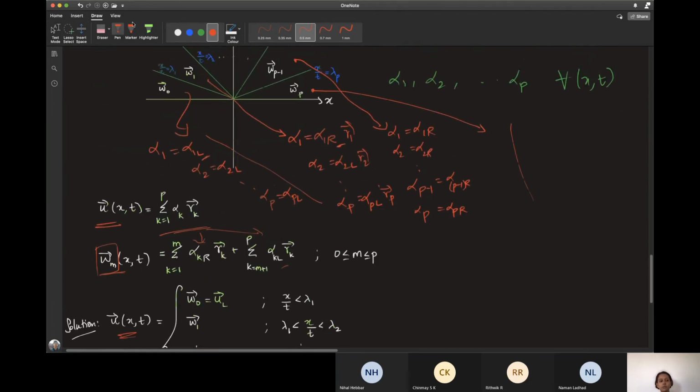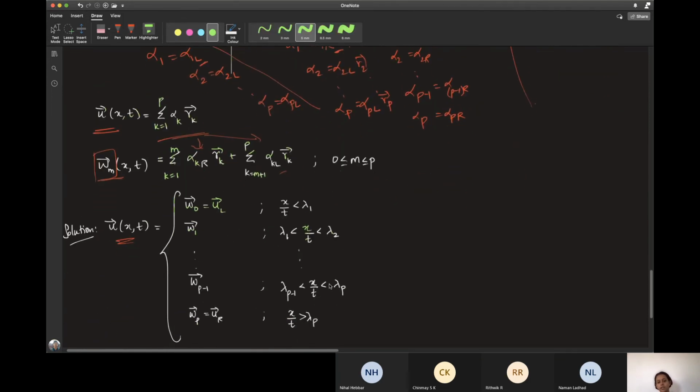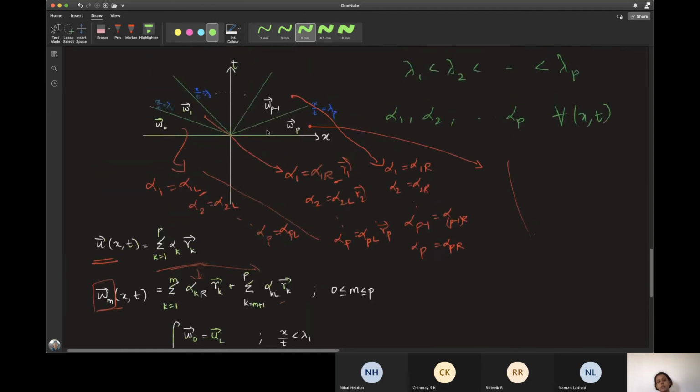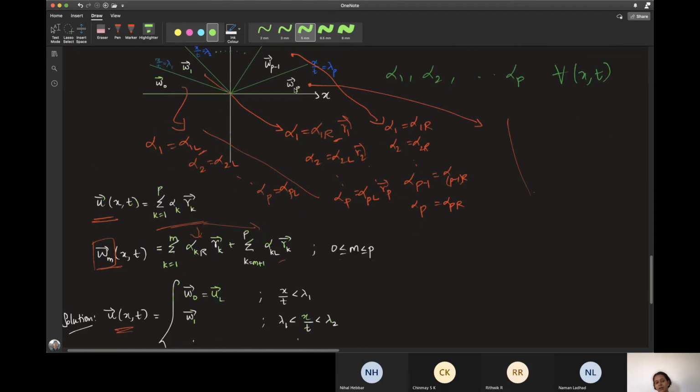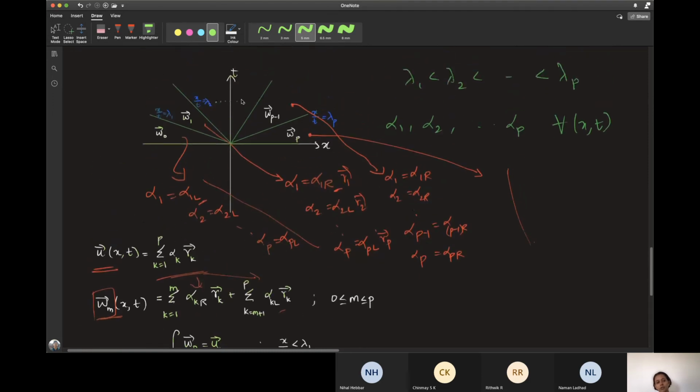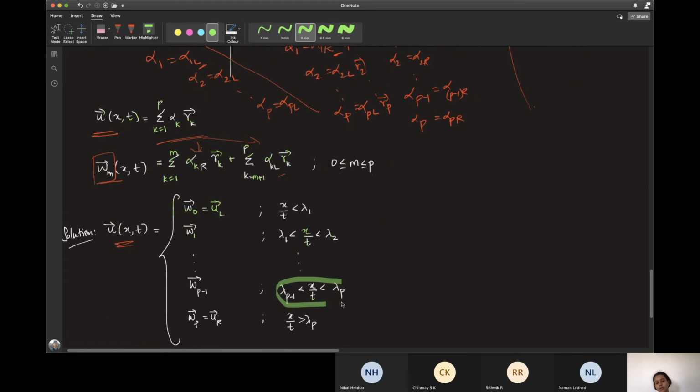Similarly, you mark the regions based on this expression. You know the equation for the characteristics is x by t equals some lambda. So between two characteristics, you mark your region. Now your x by t lies between two different lambdas, and between those two characteristics, you have some solution.